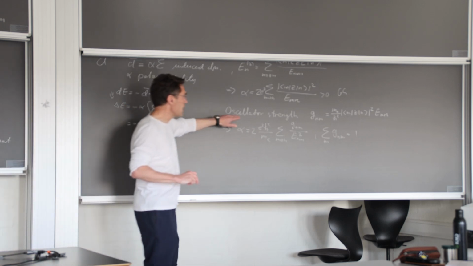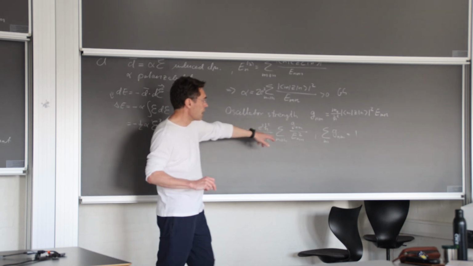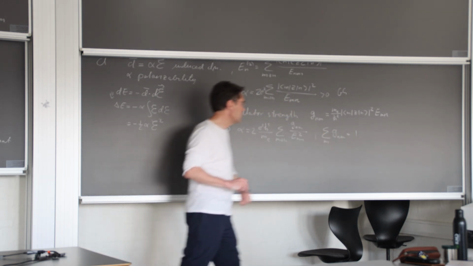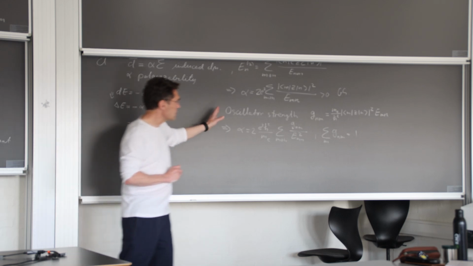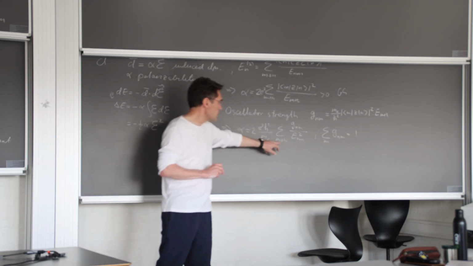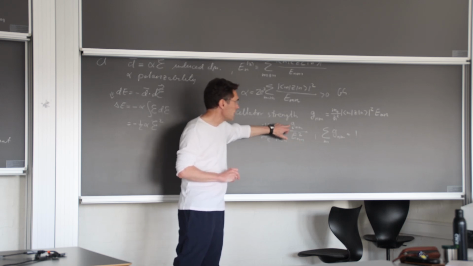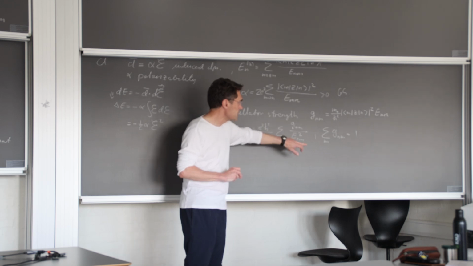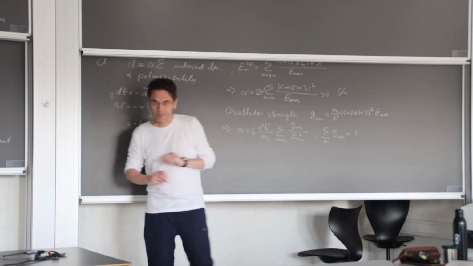And if you do this in a classical calculation, you would find there's just one term here corresponding to this unity. That's what you would find classically for a classical electron. But quantum mechanically, the polarizability is constructed from terms with different m, but all these different transitions between n and m share this oscillator strength in the sense that the sum value is 1.